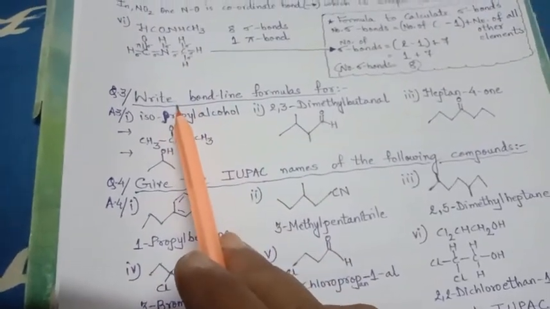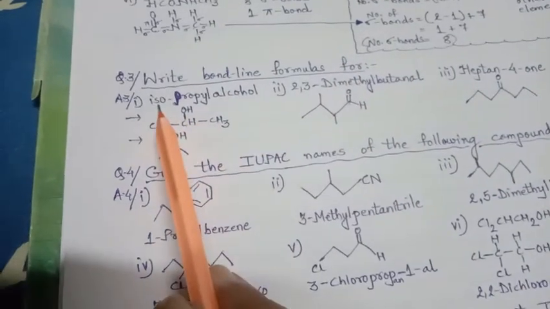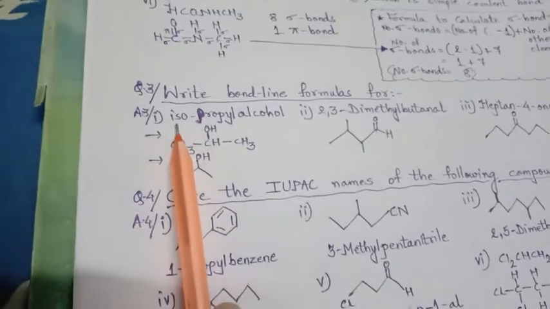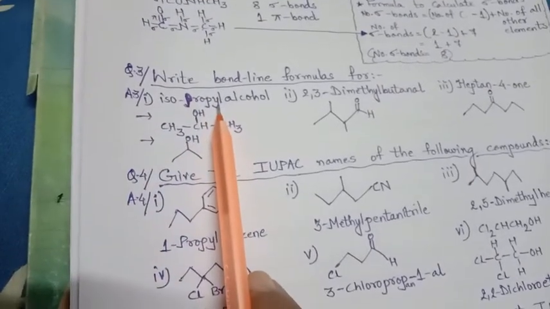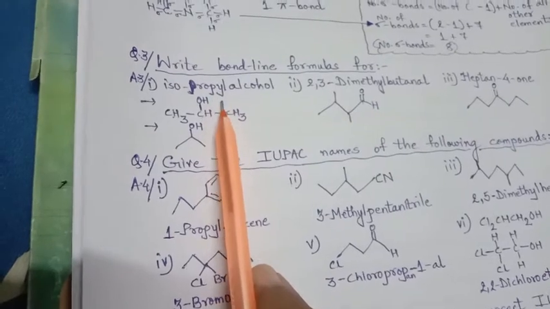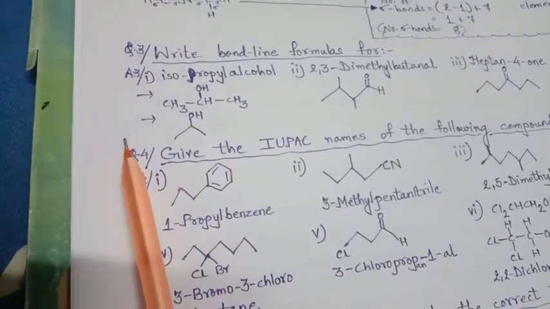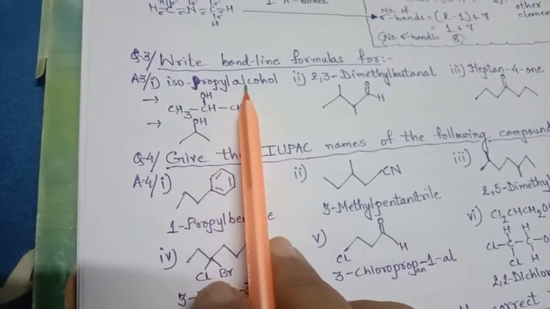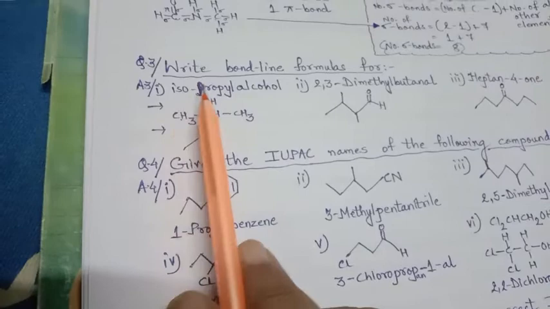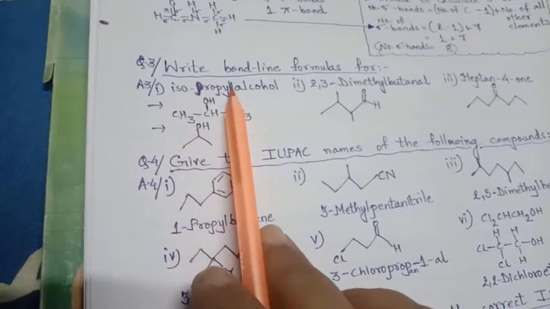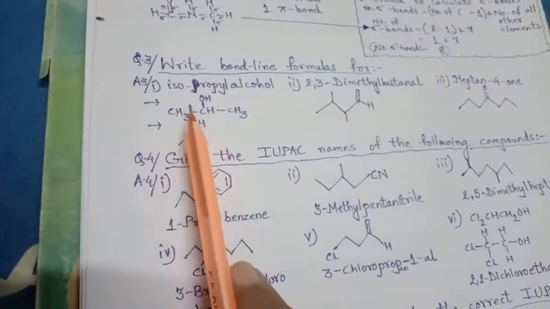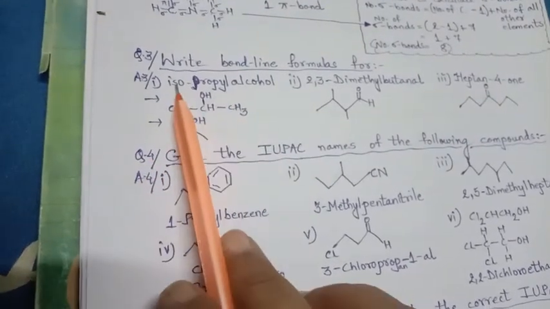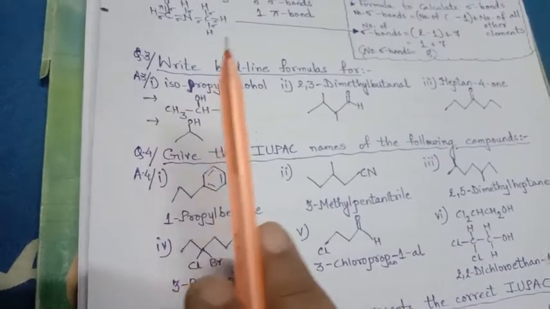The next question here is write bond line formulas for isopropyl alcohol. Now when the question comes in front of us, we need to see what is the attachment and what is the parent chain. So here it is isopropyl alcohol. Propyl here is the main chain, so propyl means 3 carbon. So 1, 2, 3 carbon written. Now iso means attachment on the second carbon.